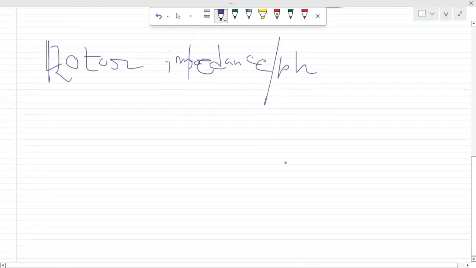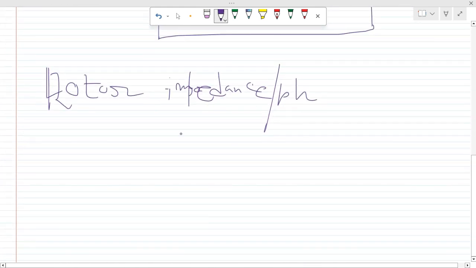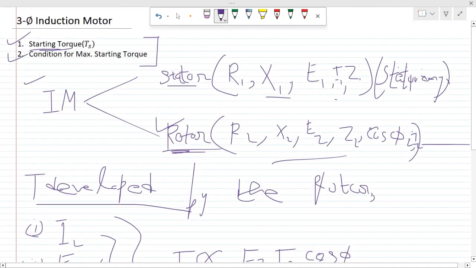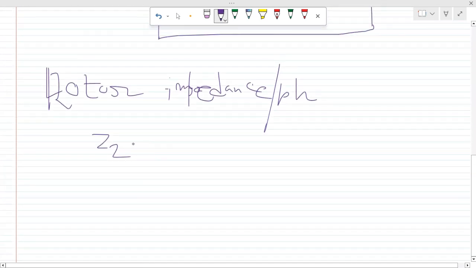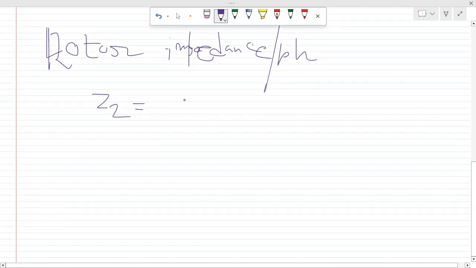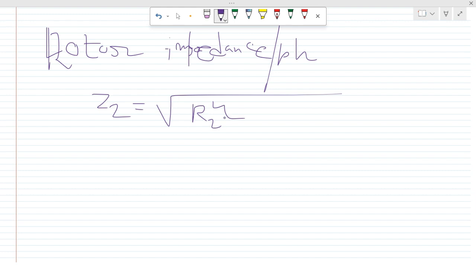So the rotor impedance per phase, denoted by Z2, as I said earlier, Z2, and this is Z1 for the stator. So Z2 is equal to the square root of R2 square plus X2 square, meaning the square of the rotor resistance plus the square of the rotor reactance. This is the equation.